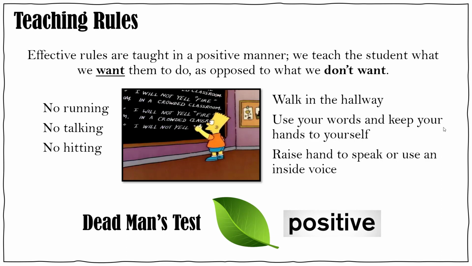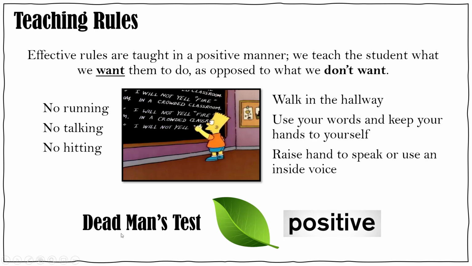Also, when you're using rules, you want to make sure that the rules are actual behaviors that we can observe and measure. So make sure that when you're using your rules, like walking in the hallway, keep hands to yourself, things like that, they're actual behaviors that we can, like I said, observe, measure, and actually enforce.